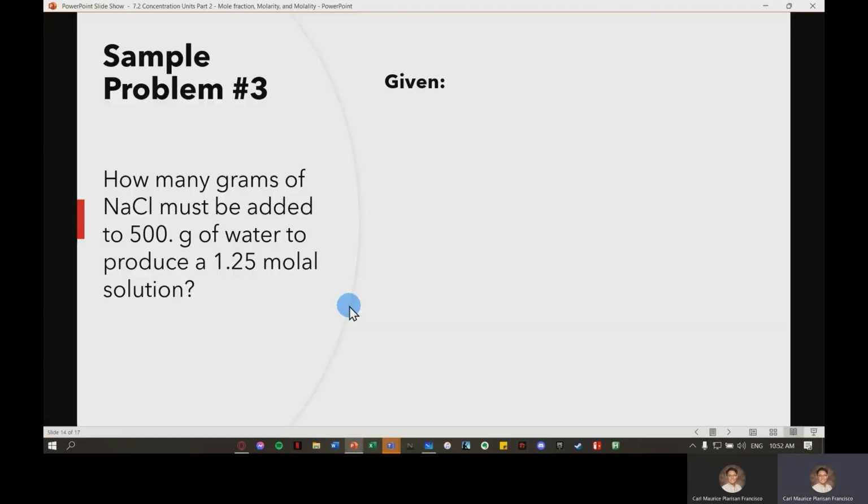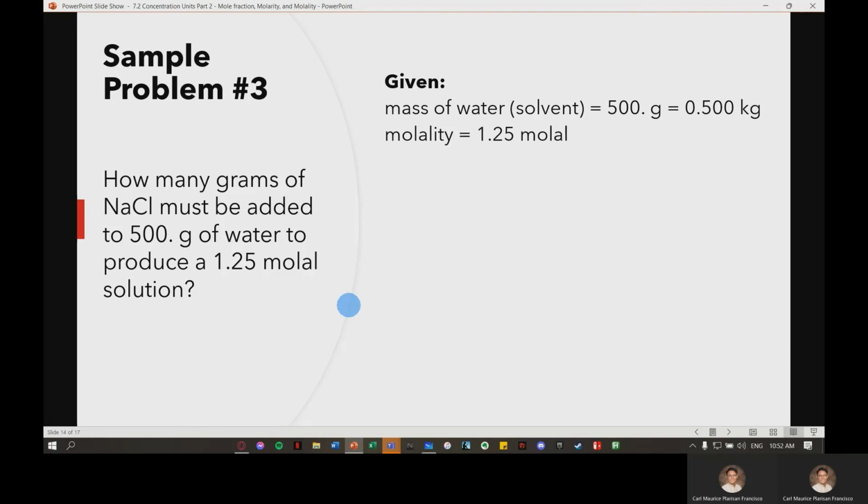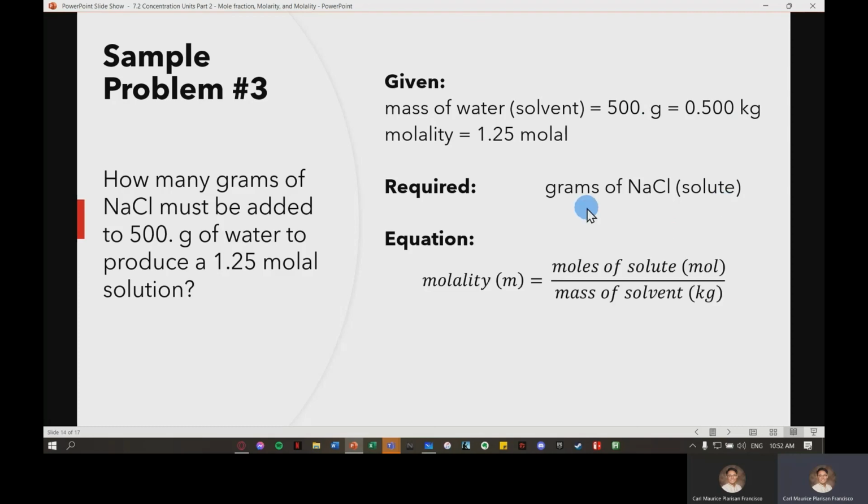From the PowerPoint, given: since we need kilograms of solvent, 500 grams is converted into 0.500 kilogram, and then the molality is provided. The requirement is solute, but in unit grams. The equation is molality is equal to moles of solute all over kilogram of solvent. Since we need to solve for solute, derive an equation for the numerator.